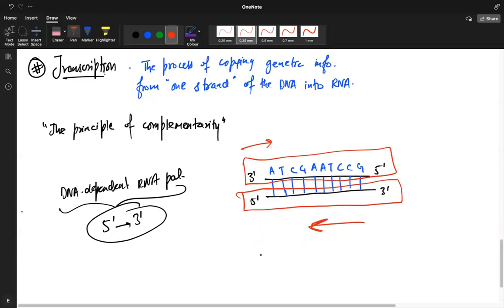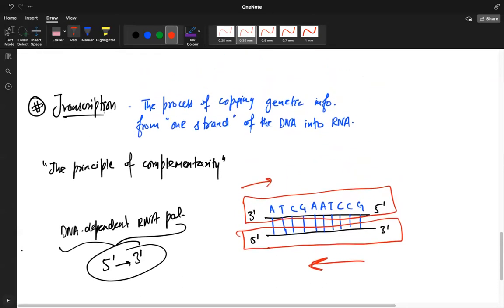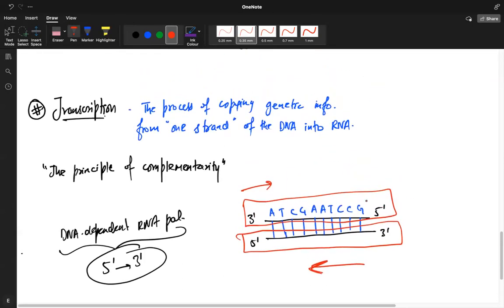Yes, I got it. The RNA polymerase can choose this strand also and go in this direction from A to G. It can choose this strand also and go in the opposite direction. And here, there is no point or problem of making fragments because we just want one gene to be transcribed, not all.